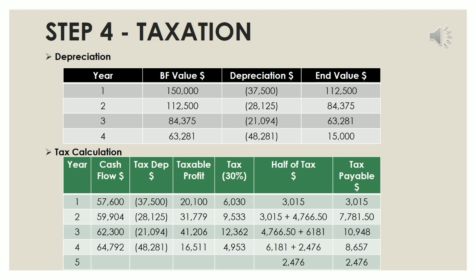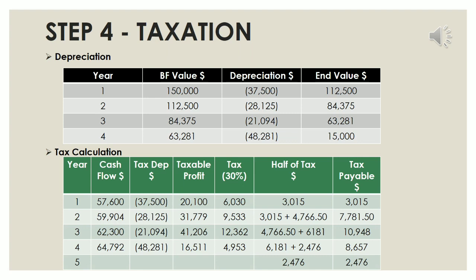For year 2, our inflationary cash flow will be $59,904. From that, we are deducting $28,125, which is our depreciation amount. The result will be our taxable profit, which will be $31,779. We are applying 30% taxation to that $31,779, which will result in $9,533.